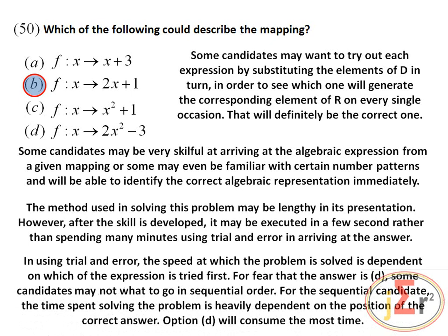For fear that the answer is D, some candidates may not want to go in sequential order. For the sequential candidate, the time spent solving the problem is heavily dependent on the position of the correct answer. Option D will consume the most time.